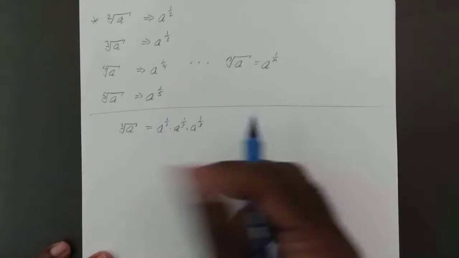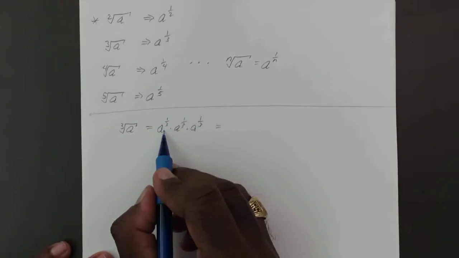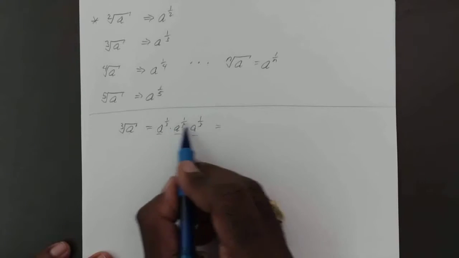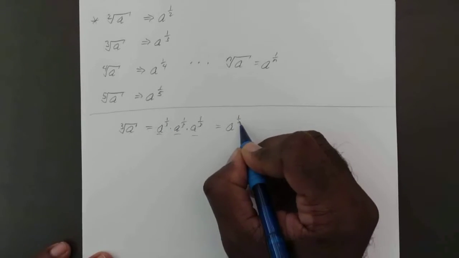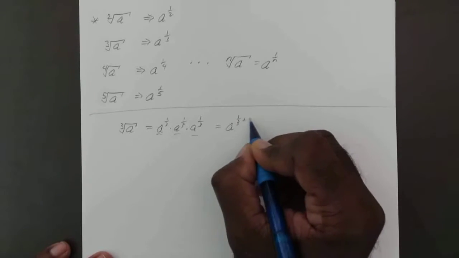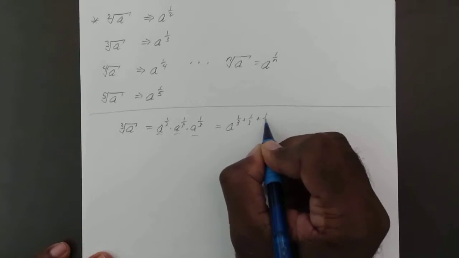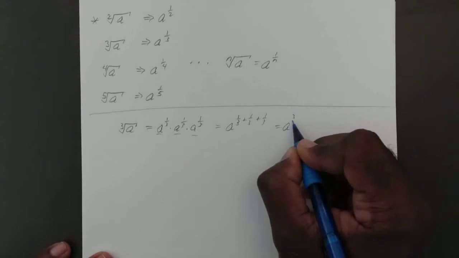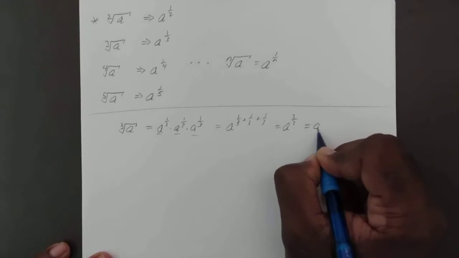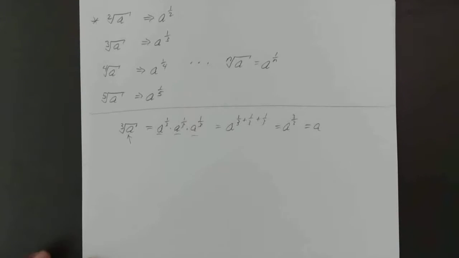Or for your rules of exponents, as long as you have the same base, you just add all your exponents together. So it's a to the 1/3 plus 1/3 plus 1/3, which is a to the 3/3, which is equal to a, which is what we have there.